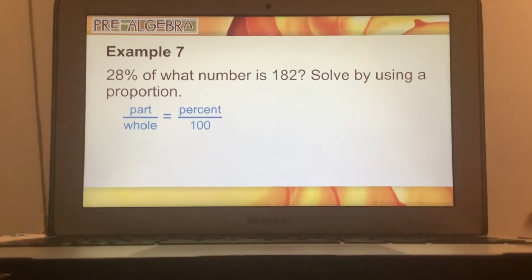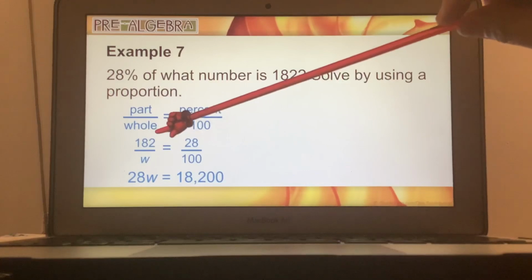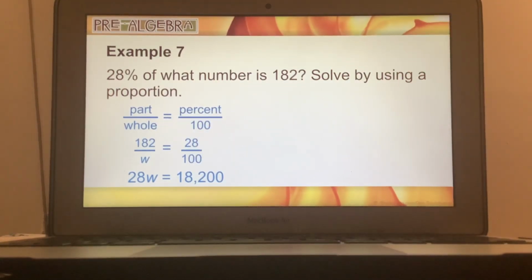Okay, so you're going to plug those numbers in. 182 over W equals 28 over 100. You cross multiply and you get 28 times W right here, 182 times 100, 18,200.